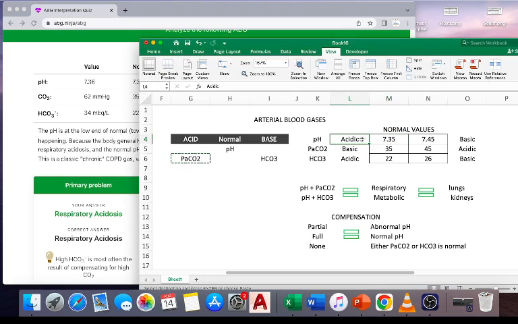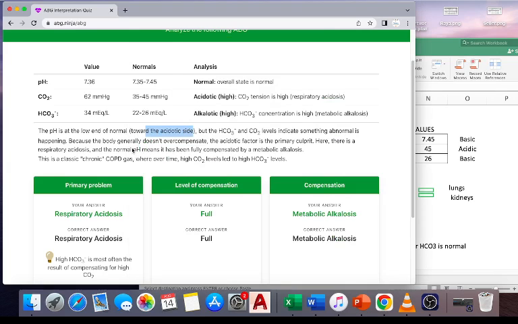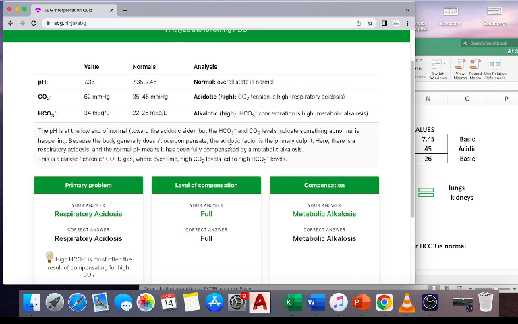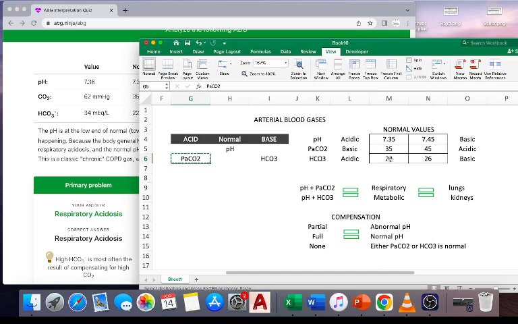It's almost acidic. But the HCO3 and CO2 levels indicate something abnormal is happening because the body generally doesn't overcompensate. The acidotic factor is the primary culprit.